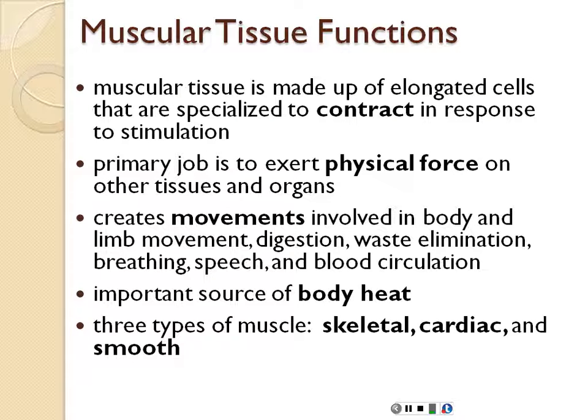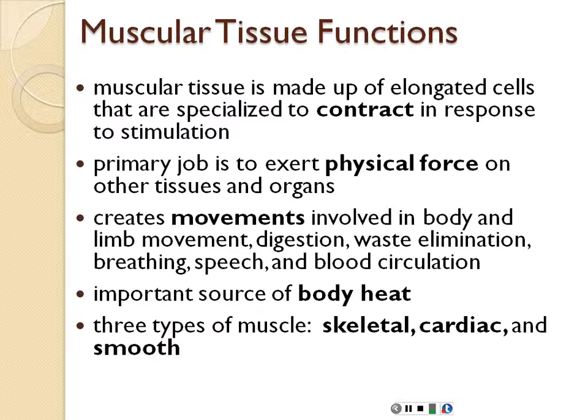Right, they allow movement. The way they do that is because the muscle cells themselves get short. They contract, and by contraction, that means they go from being long cells to short cells during that process.